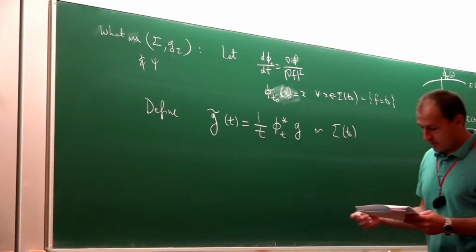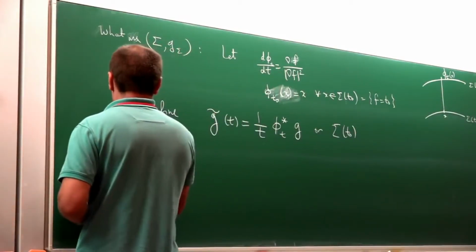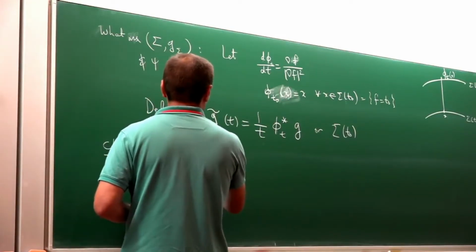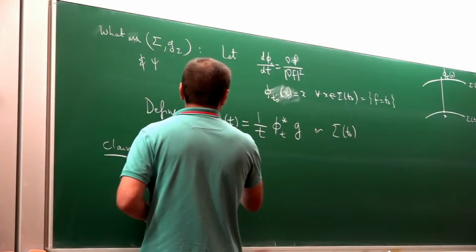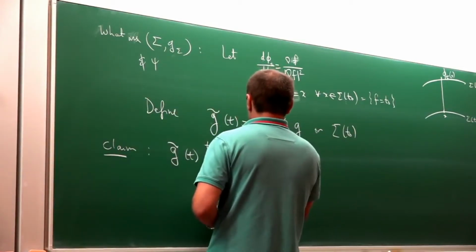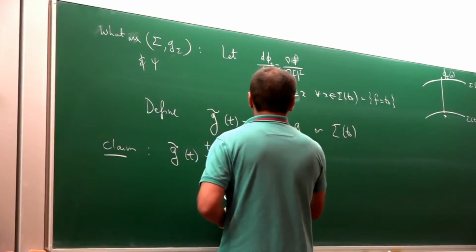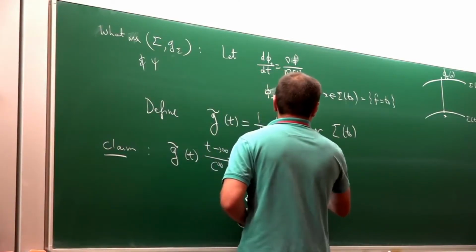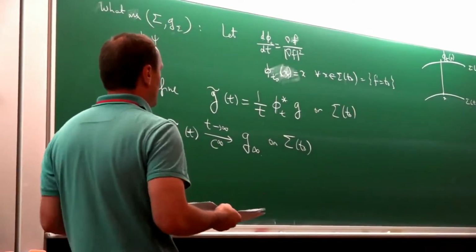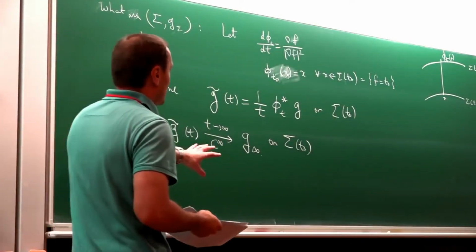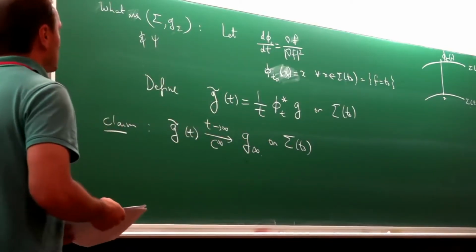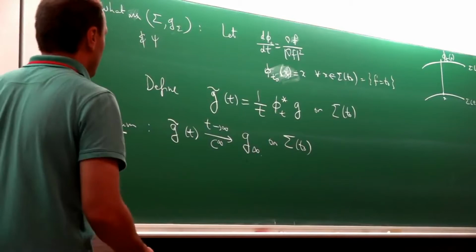And here we have a claim that this family of metrics on t naught converges as t goes to infinity in C infinity. So it's a C infinity convergence to some metric G infinity. So now once we get that, this will be the cone metric. This will be the G sigma. So that's all. So here you have to prove convergence.